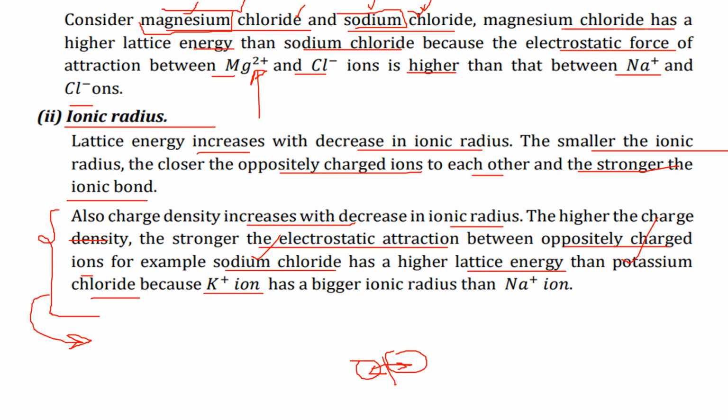Therefore, we expect the bonds present in sodium chloride to be very short and strong, increasing lattice energy as compared to the bonds between the potassium ions and the chloride ions. And therefore, sodium chloride has a higher lattice energy as compared to potassium chloride, due to the bigger ionic radius of the potassium ion as compared to the sodium ion.